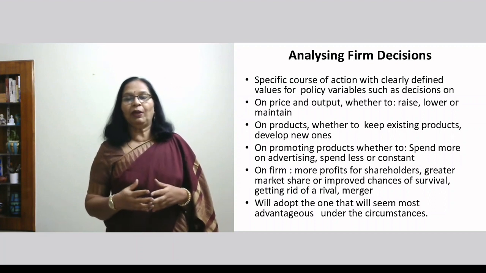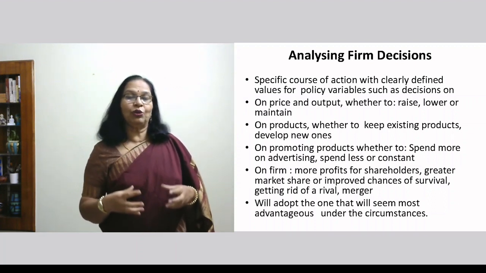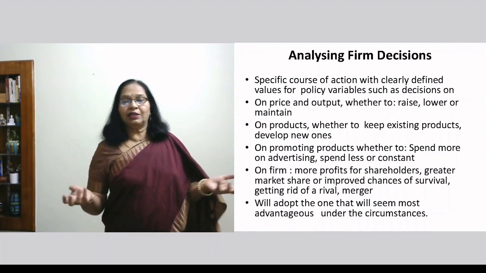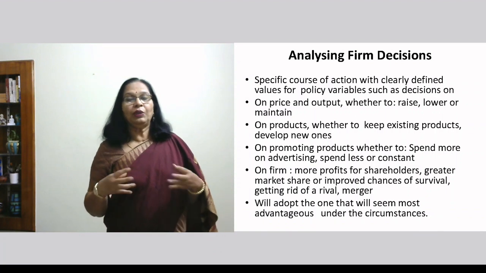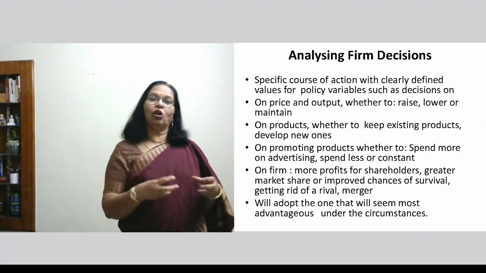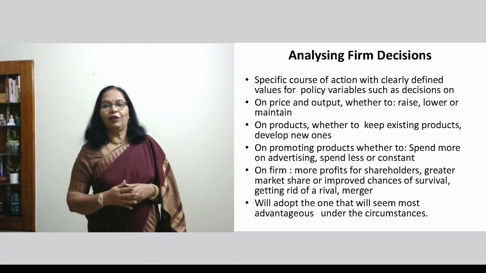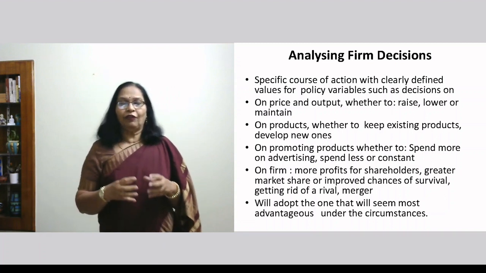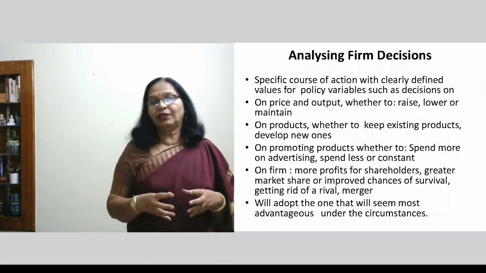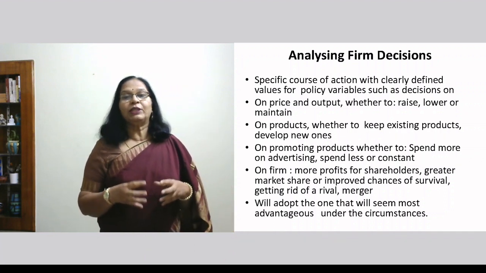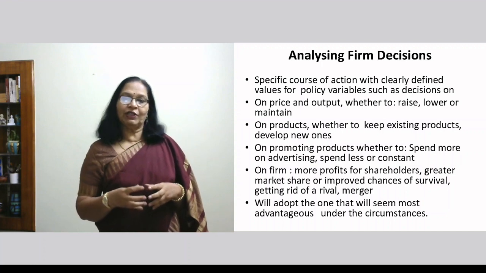We have heard about many decisions where firms come to a decision of merger or acquisition, and at the last stage it doesn't work. So how do these kinds of decisions happen? What is the thought that goes behind understanding this behavior of firms? The firm will try to adopt the decision which is most advantageous for the given situation and the given circumstances.